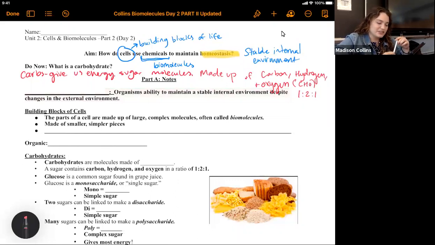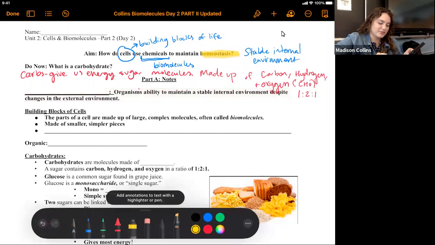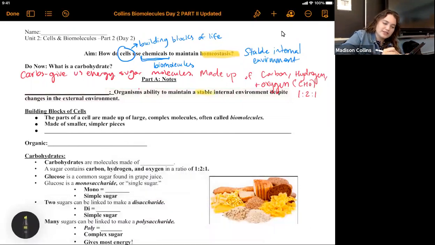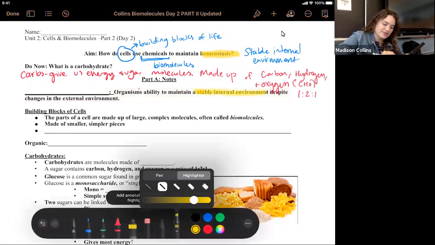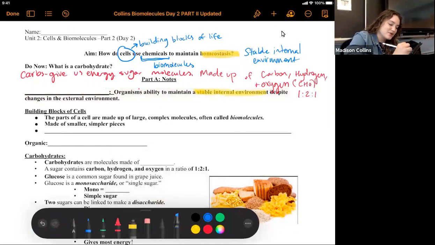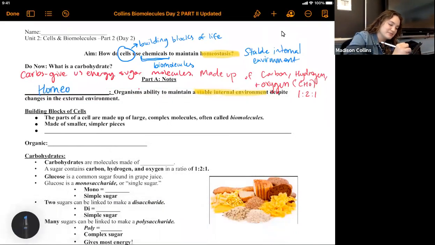You've got a definition here. This is an organism's ability, it's missing an apostrophe, to maintain a stable internal environment despite changes in the external environment. Now, call me crazy, but stable internal environment, I seem to recall those 3 words meaning a certain phrase such as homeostasis.